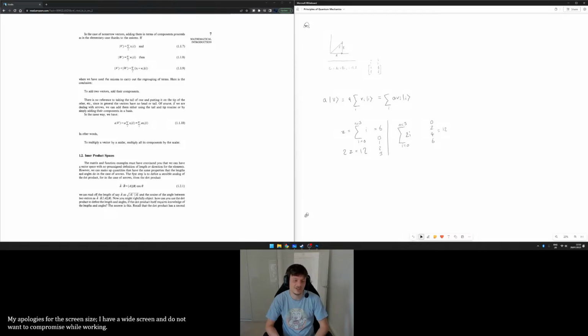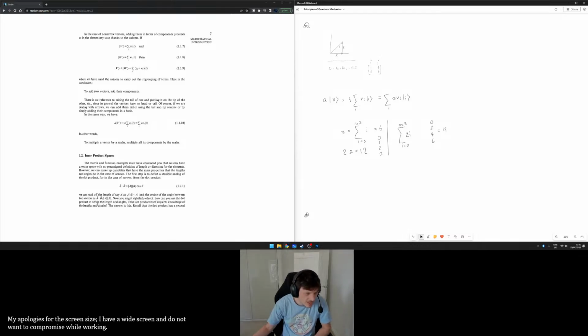For in the case of arrows, from the dot product. So here's a dot product. We can read off the length of, say, A as the square root of the dot product of A with itself, and the cosine of the angle between two vectors as the dot product of A and B.